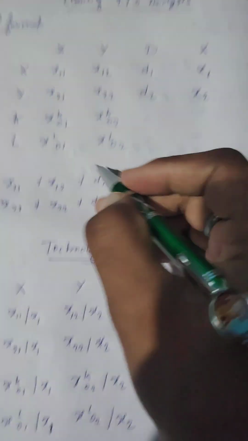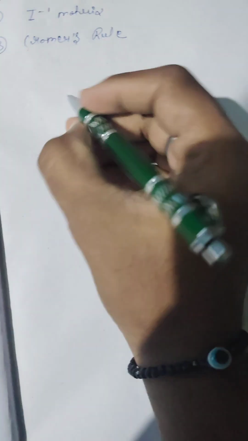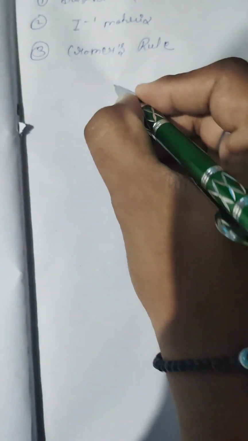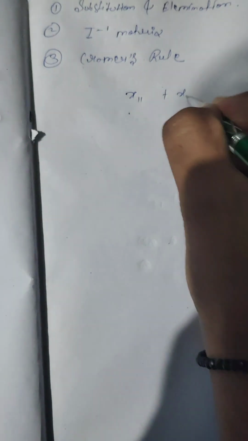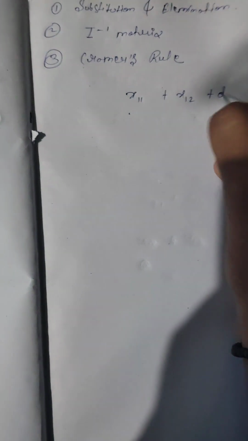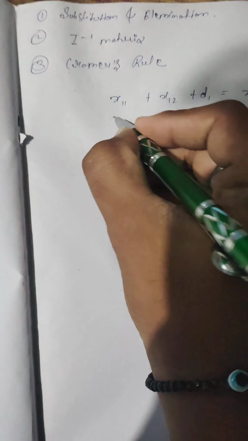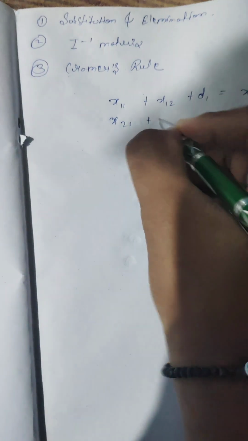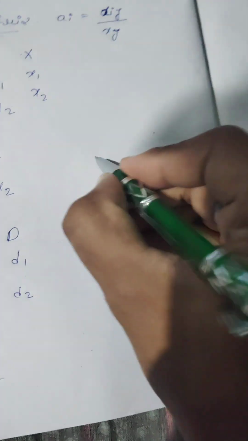I have written this equation already, so we will write the total production equations again. X11 plus X12 plus D1 is equal to X1. X21 plus X22 plus D2 is equal to X2. Now over here, let's see.